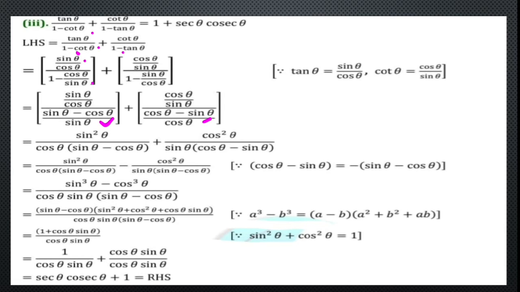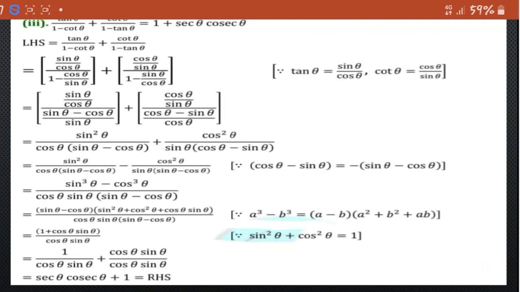Now if you do the reciprocal, the first term will transform in this way and the second term will transform in this way. If you look at this line and this line, these two denominators under the bracket are given as sin theta minus cos theta, and here it is cos theta minus sin theta.